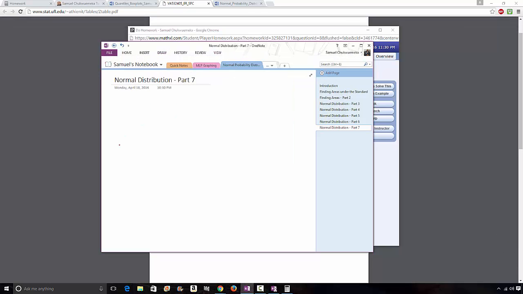What this is saying is, for the critical value, find the area that corresponds to 0.09 to the right. That is what they are asking you for.